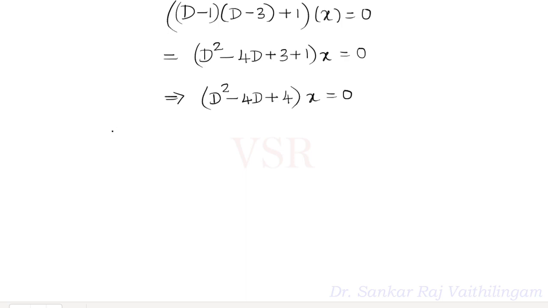Our auxiliary equation, AE, is m square minus 4m plus 4, which is equal to 0. So (m minus 2) into (m minus 2), correct? So m equals 2, 2. Now what is my solution? There is no particular integral here, because everything is equal to 0.